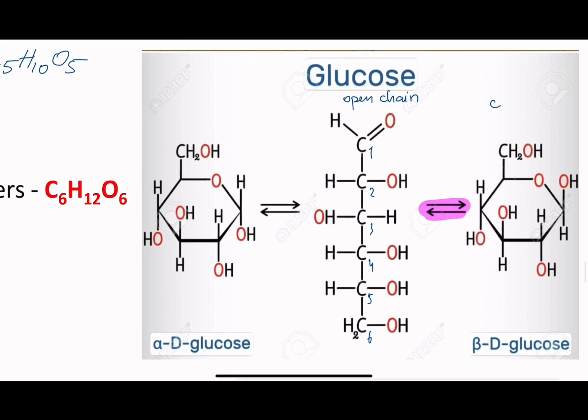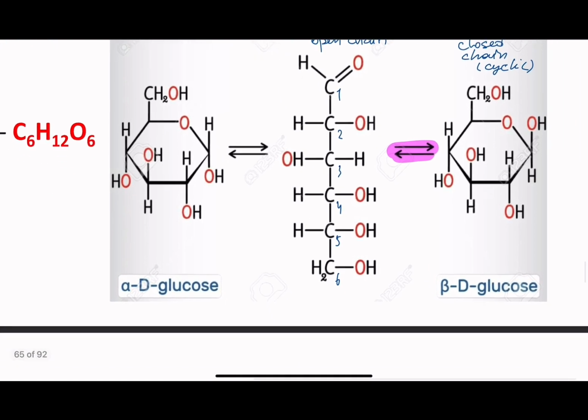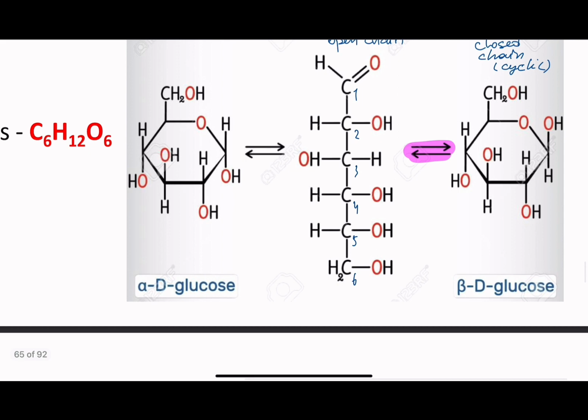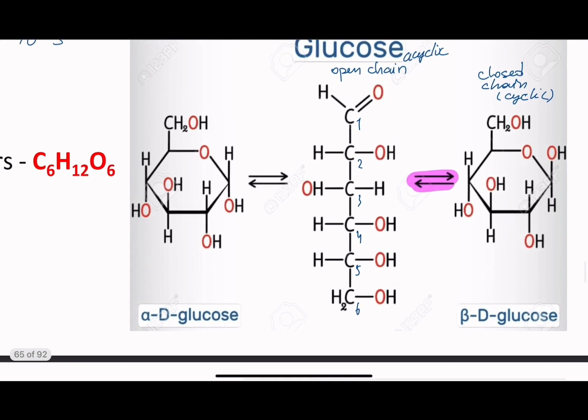So this is the closed chain, which they sometimes call cyclic, and this one is acyclic, meaning no cycle.